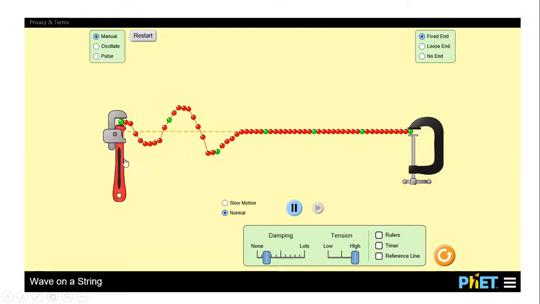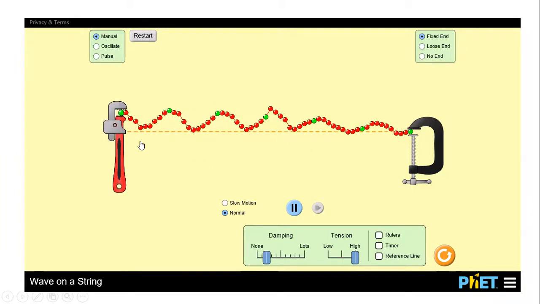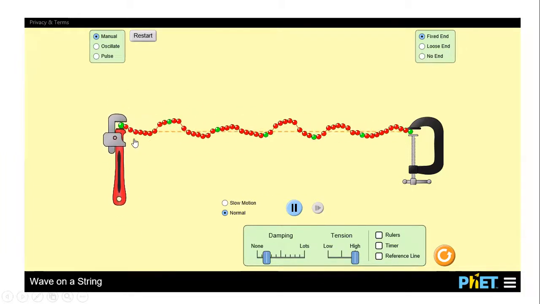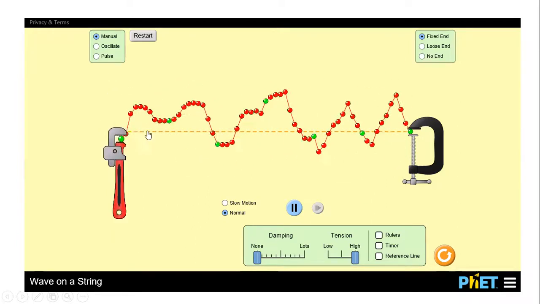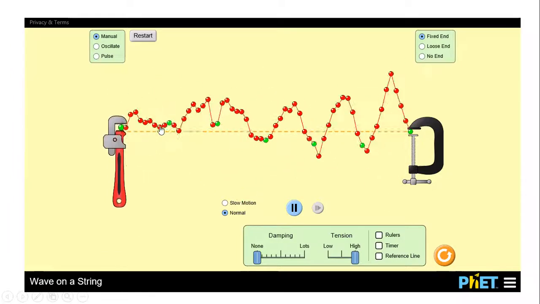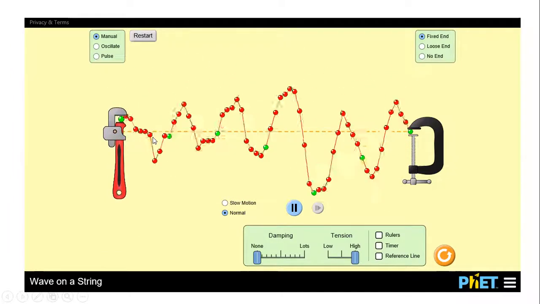So let us keep it at no damping and continuously oscillate it.